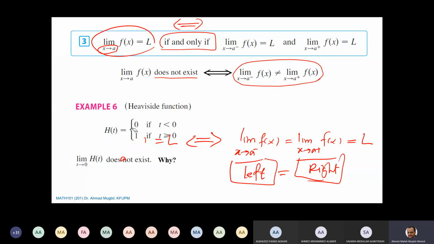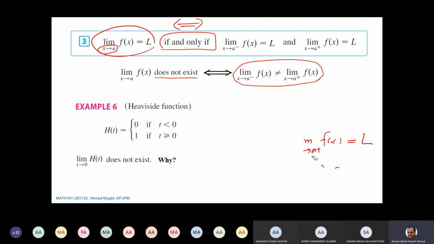Look at the previous example. Do you remember the previous example, the Heaviside function? Does the limit exist or not when x approaches 0? When x approaches 0, the limit does not exist. Because when you are close to 0, what will be the limit, 1 or 0?